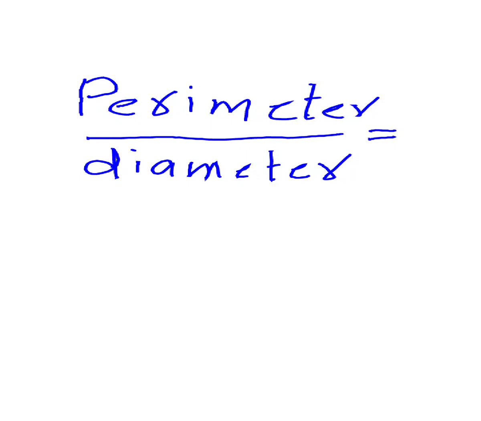People have found out that earlier. Do you know that? So always remember this perimeter, or you can say circumference also, that is denoted by the Greek letter pi.